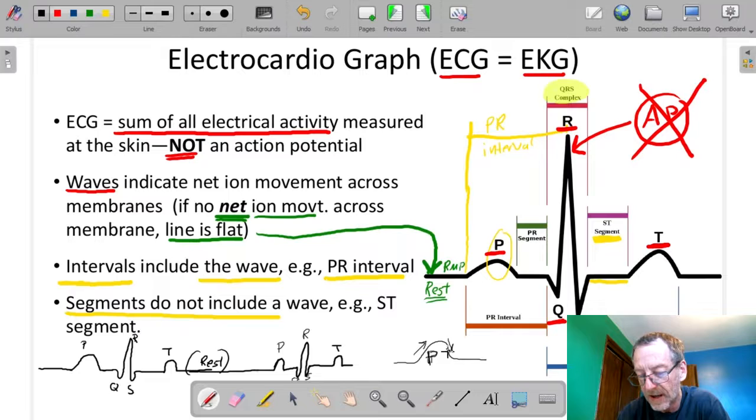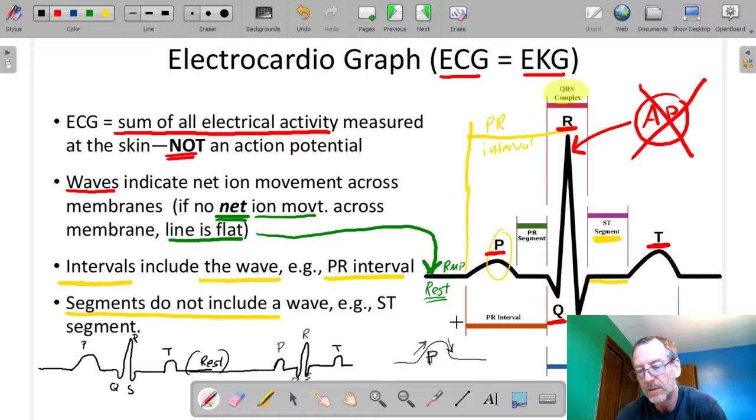So if you think about it, what happens when a cell depolarizes? Like a myocardial muscle cell. What's the big ion event when it depolarizes? Well, it's the flood of sodium into the cell.